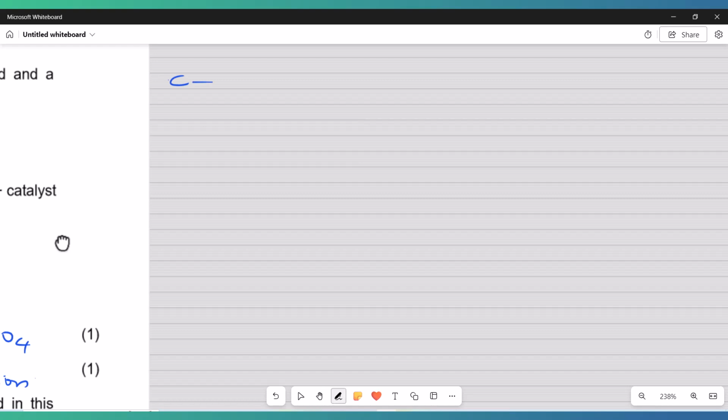Plus propanoic acid. Now propanoic acid has 3 carbon atoms. This is H here, 1 O, 1 carbon here, like this. Then we must put the other hydrogens. Each carbon must have 4 bonds, right? So maybe hydrogen here, the hydrogen here, the hydrogen here, and the hydrogen here as well.